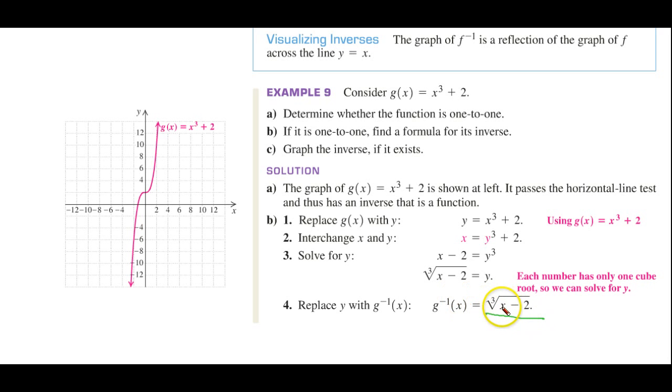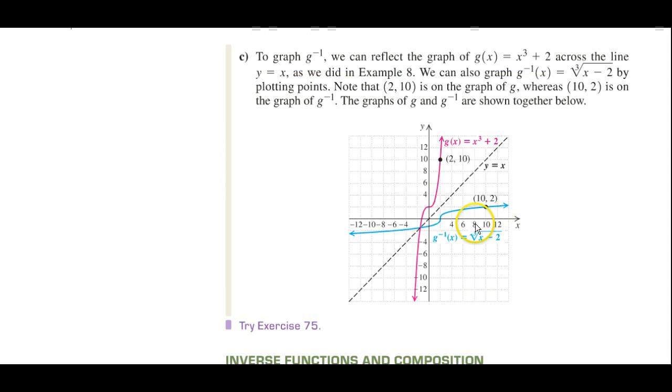Now if we are to graph that, it's a little bit tedious. I believe they have it here in our book. Now there they have it. Notice it's shifted down, and if we draw our y equals x line of symmetry, if we were to fold these, we can reflect the graph across the line as we did in example 8.